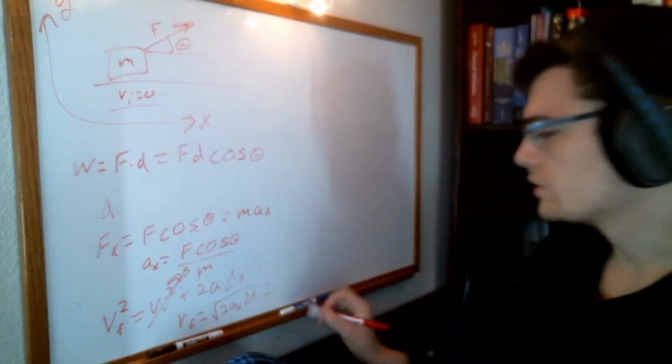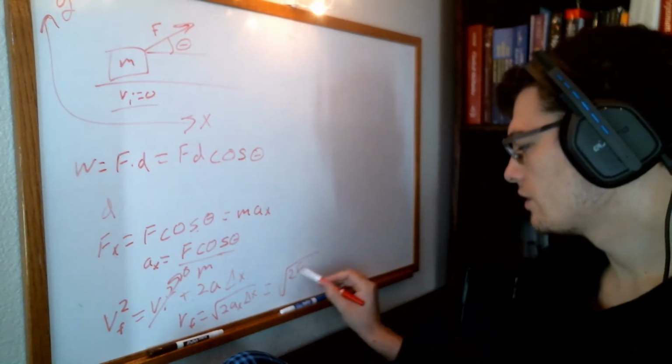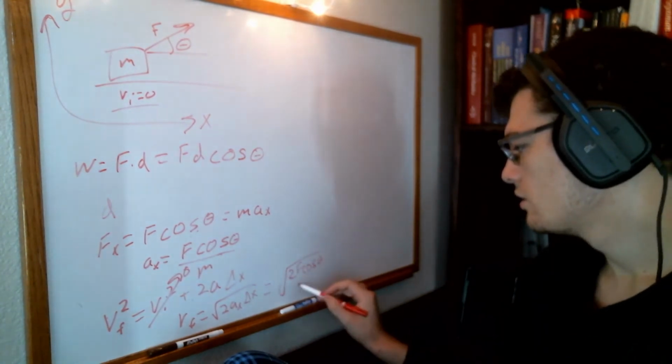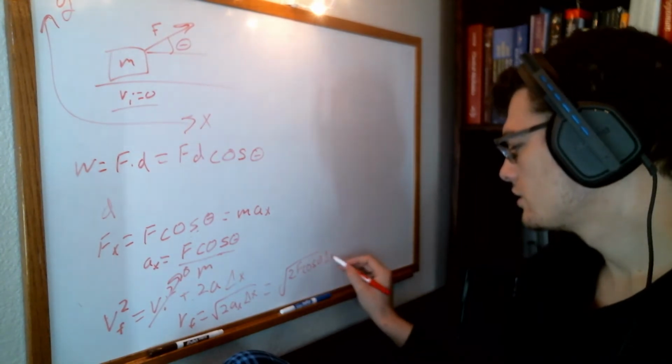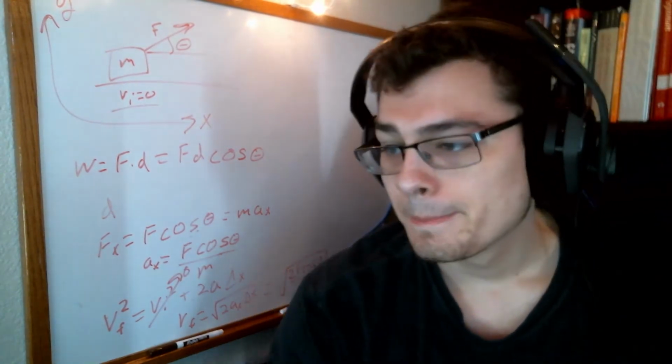And we can go one step further by plugging in our value. So this is the square root of 2F cosine theta delta x all over m. Easy peasy.